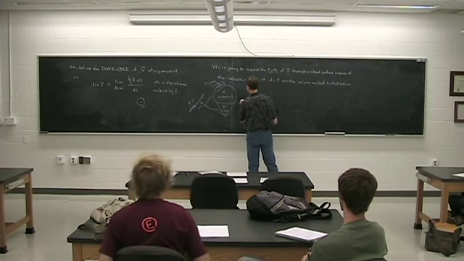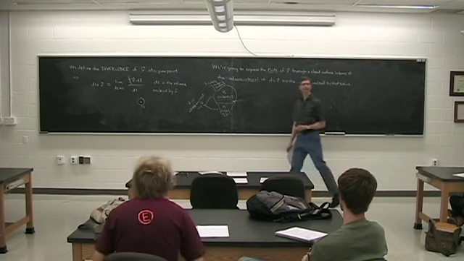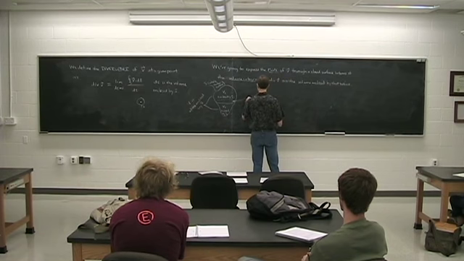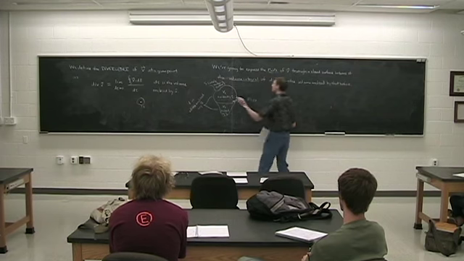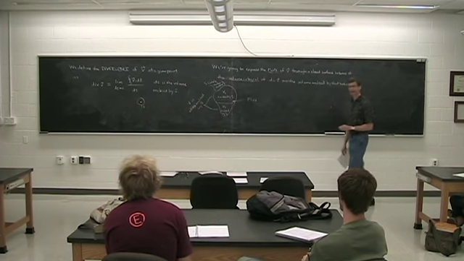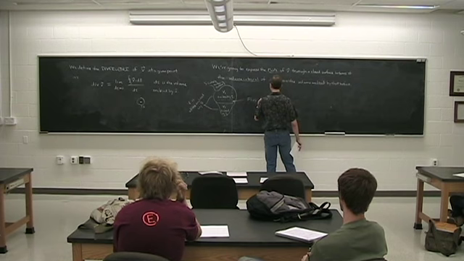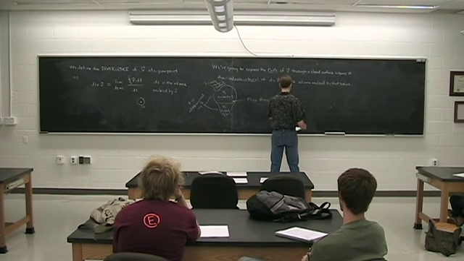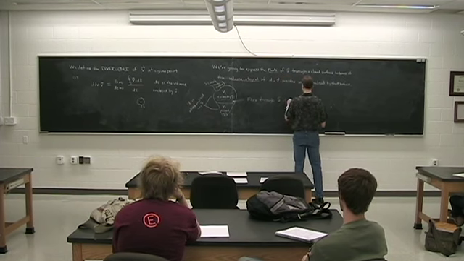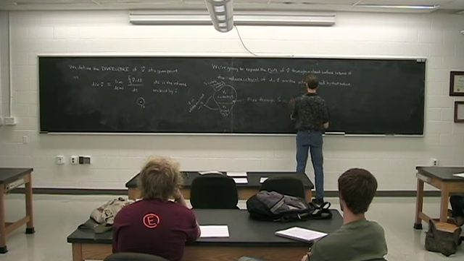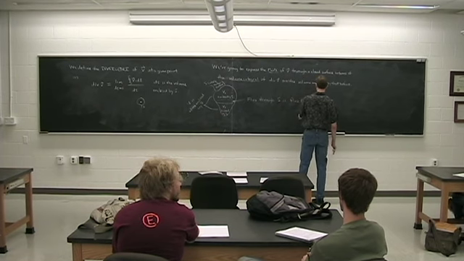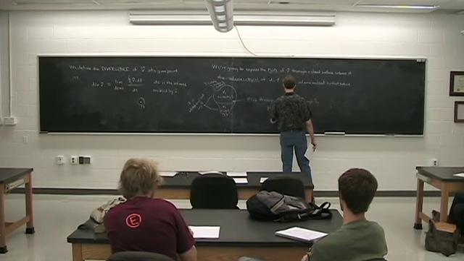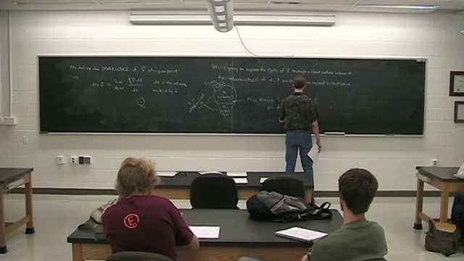Now, a very important point is that the flux through the original surface, the flux through S, the outer surface of the whole beast here, is the flux through S1 plus the flux through S2.